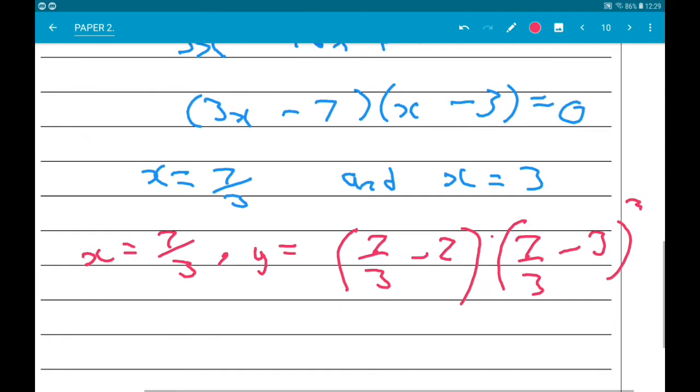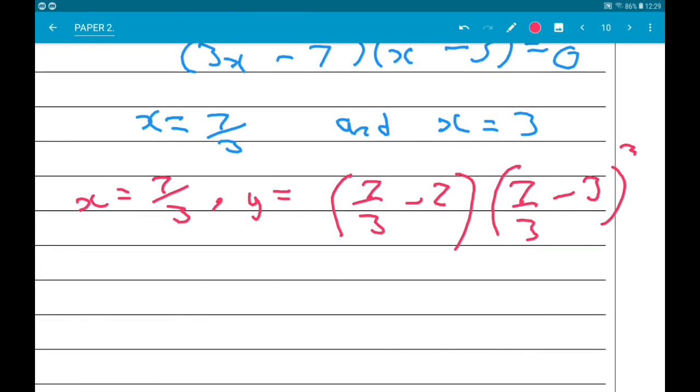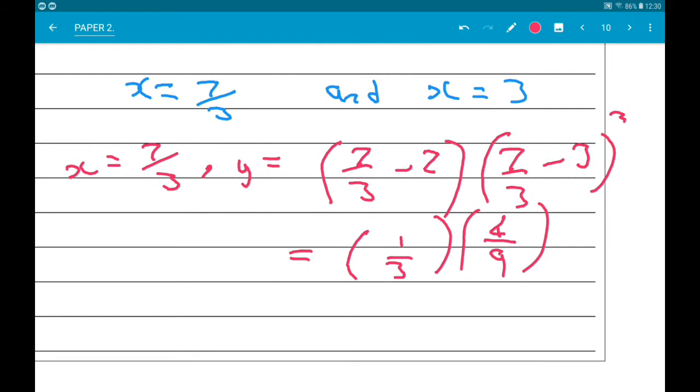So, that's going to give us 1/3 times minus 2/3 squared, so 4/9. And that is 4/27.